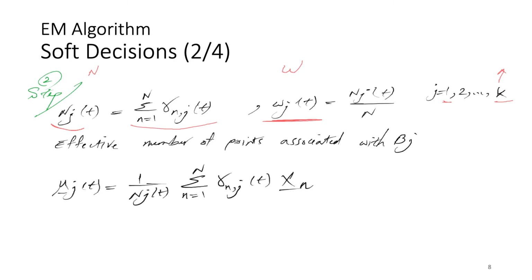So now given the new wj and the nj, we can define the new vector form of mu, or mean, which in this case will be 1 divided by Njt and the summation of all those, right?